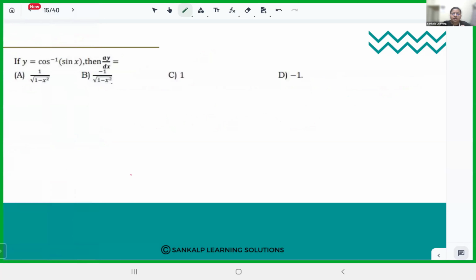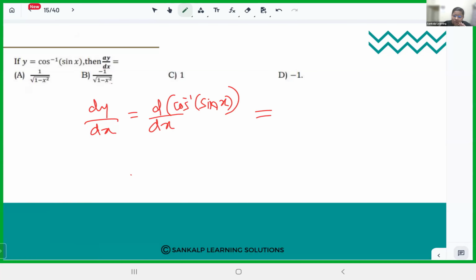So y equal to cos inverse of sin x, and you have to find out dy by dx. Okay. So which is the function? d by dx of cos inverse of sin x. So we know the derivative of cos inverse x. Also, you can see that it is a composition of functions. Which are those functions?